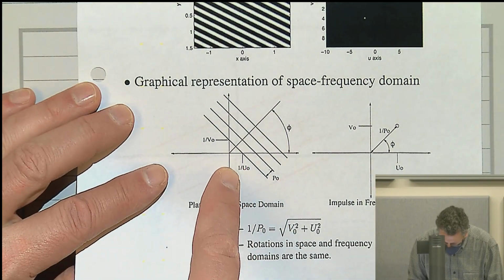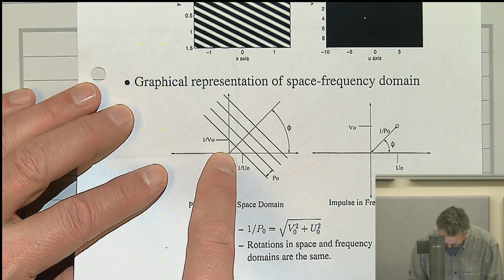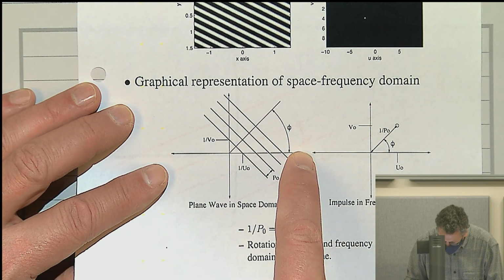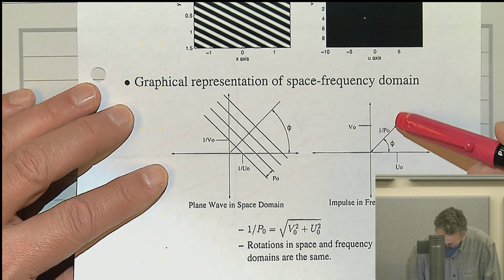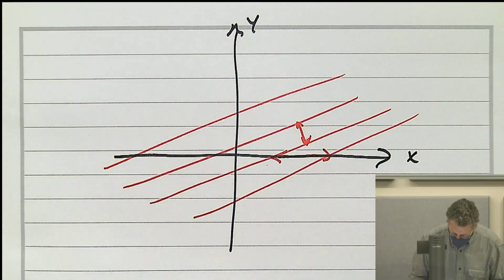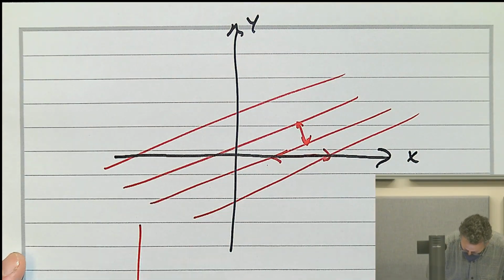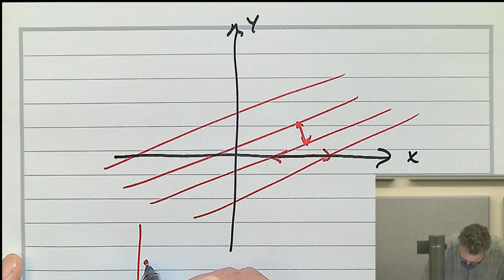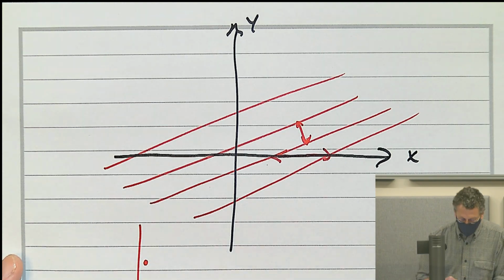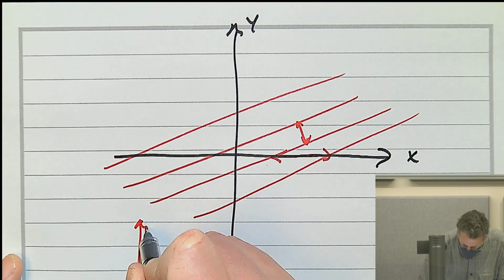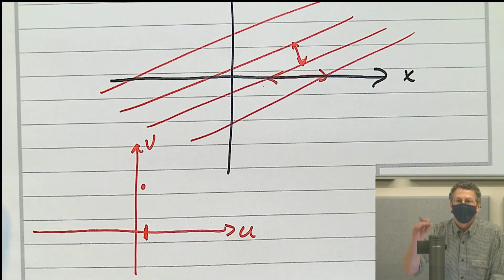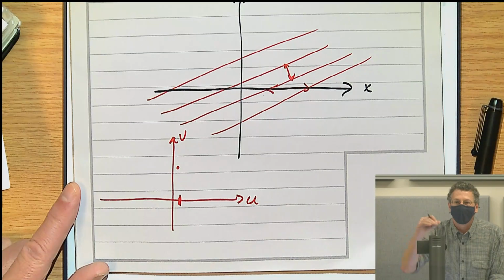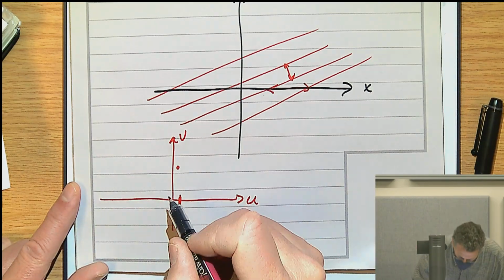So U0 is the period as you hit this axis, and it corresponds to 1 over this distance in the frequency. So in frequency, what would happen is that this would be like here. So this is U and that's V. So this frequency along the horizontal direction would be very low as, oh, I drew the thing on the wrong side.